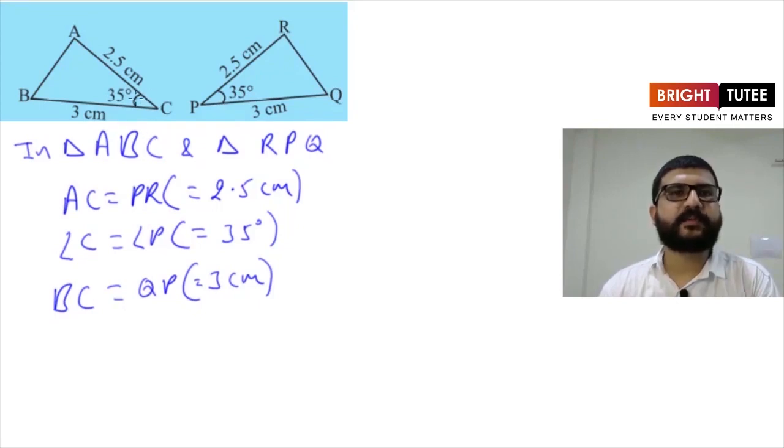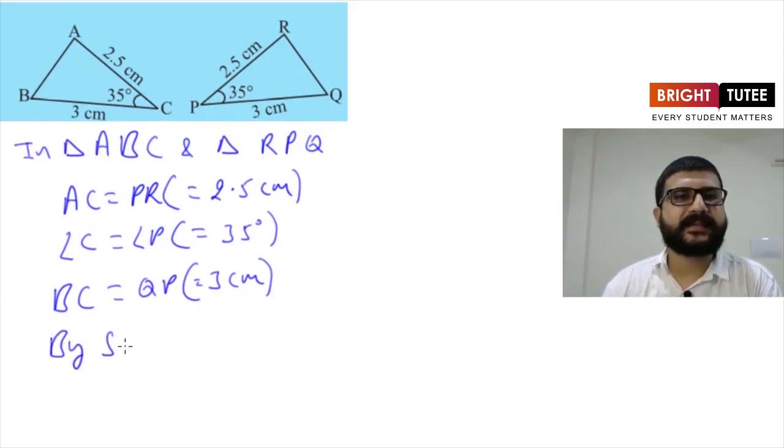So here we are having two of the side lengths of triangle ABC are correspondingly equal to two side lengths of triangle PQR. And what else do we have? The angle included between these sides which we are considering are also equal. They both are 35 degrees each. So it means by SAS criteria we can say these two triangles are congruent. So let's write it here by SAS. These two triangles are congruent.